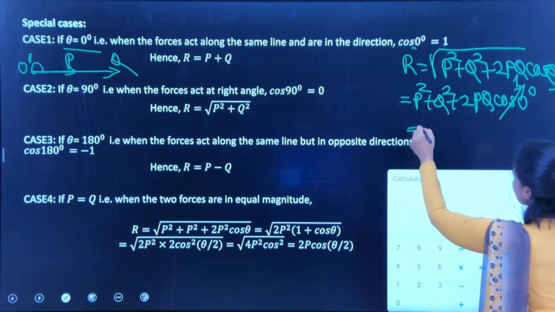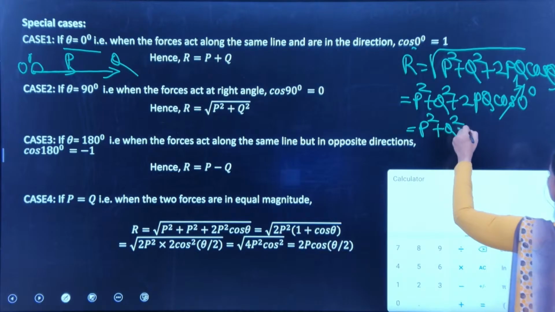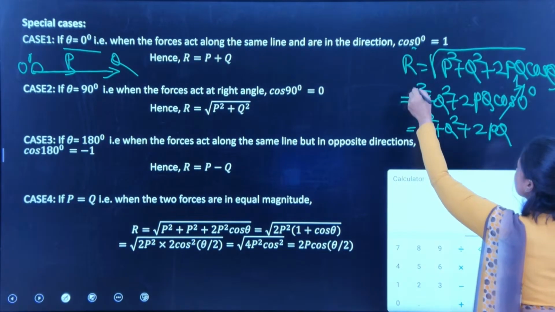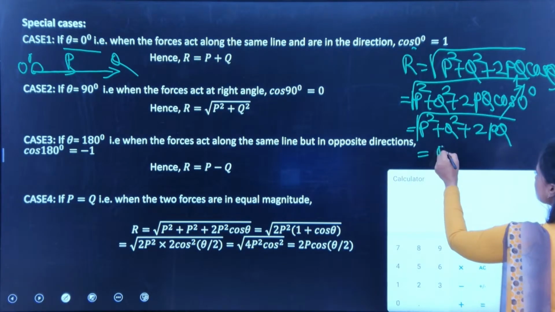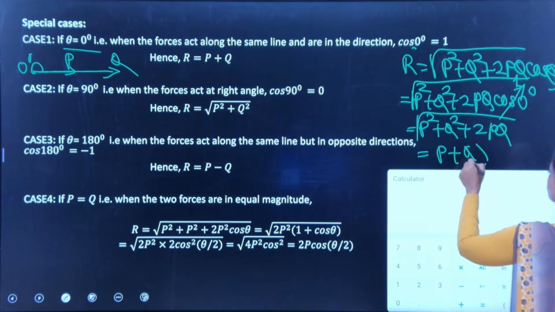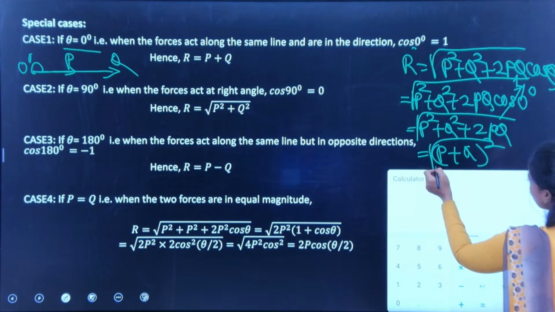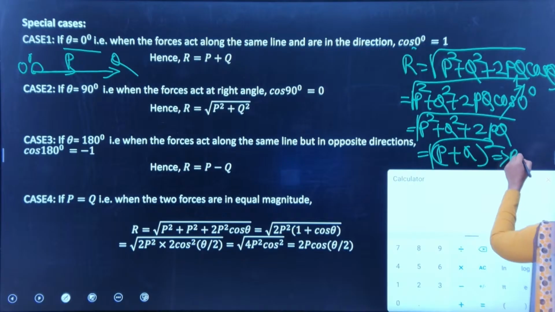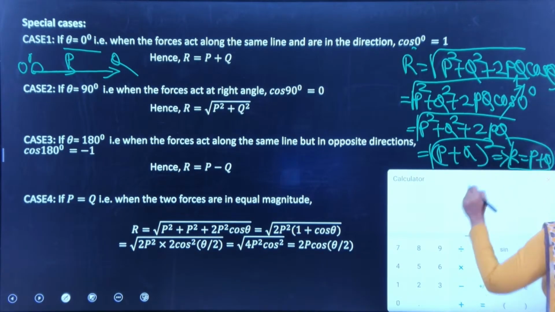So finally we are getting R is equal to root over of P square plus Q square plus 2PQ, and this is nothing but root over of P plus Q whole square, and the whole square gets cancelled, so we get R as P plus Q. Got my point?